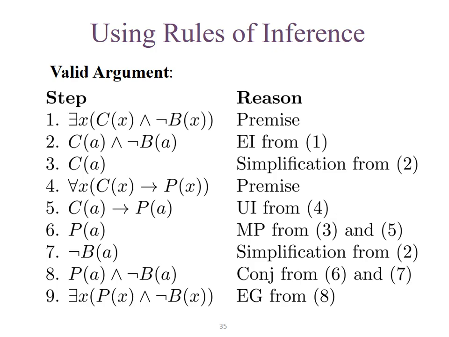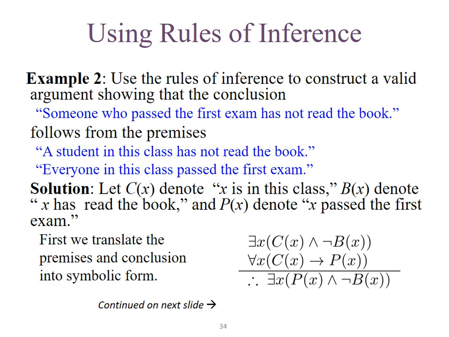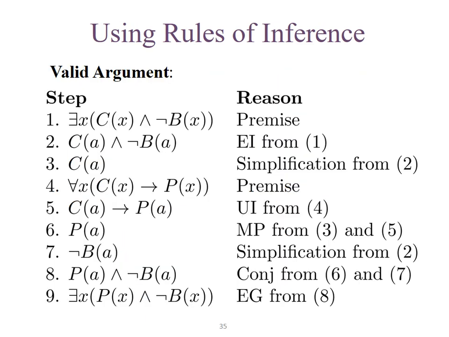Okay, so let's see. We have the first premise: for some x, C of x and not P of x. So we can apply existential instantiation.